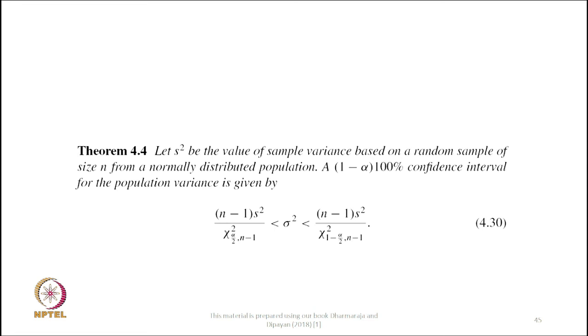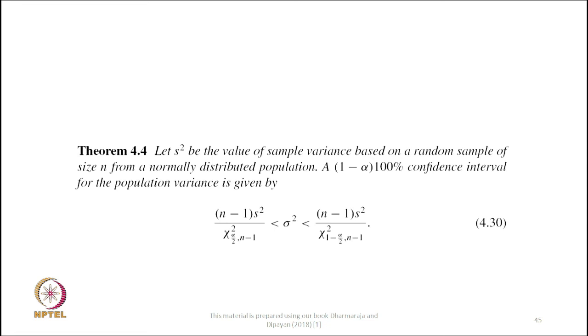So, this result comes from starting with n minus 1 times s square by sigma square, which follows a chi-square distribution with n minus 1 degrees of freedom. You apply that statistic and partition the whole probability into alpha by 2, alpha by 2, and in the middle 1 minus alpha.